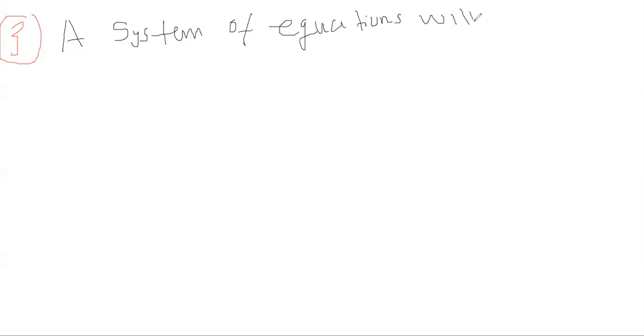So the third scenario, a system, so when you hear system, we are just talking about simultaneous equations, a system of equations or simultaneous equations with infinitely many solutions. So when we said infinitely, what do you understand by that in mathematics? Meaning that there is no end.